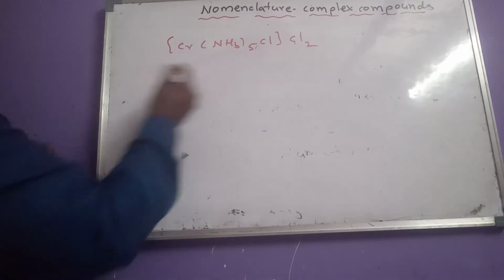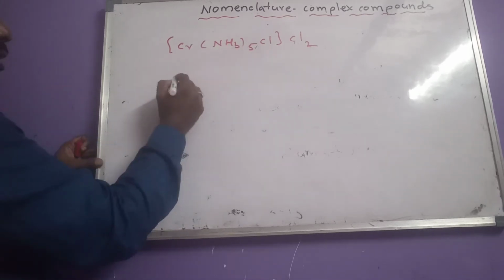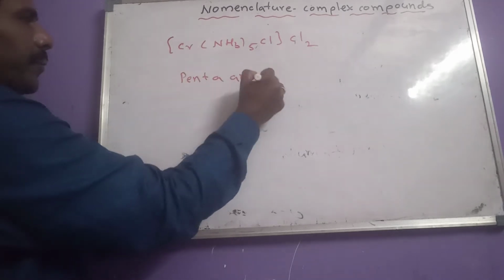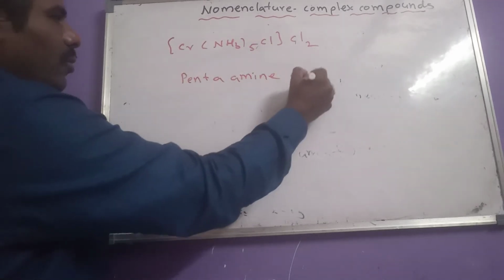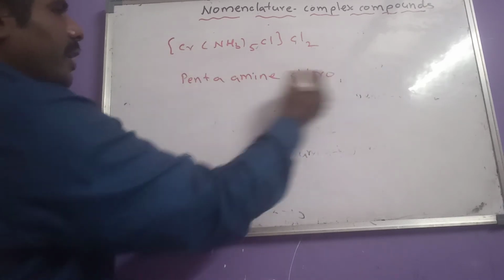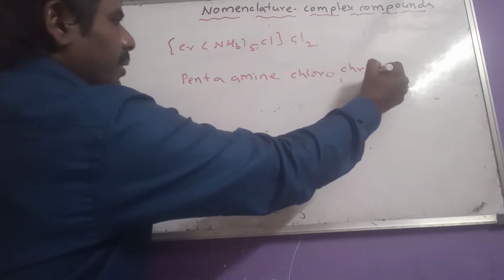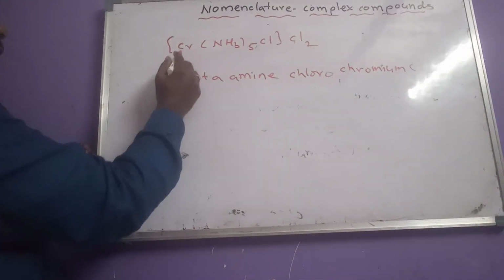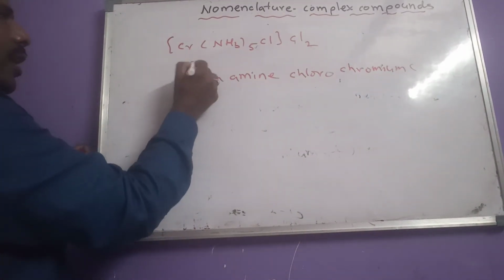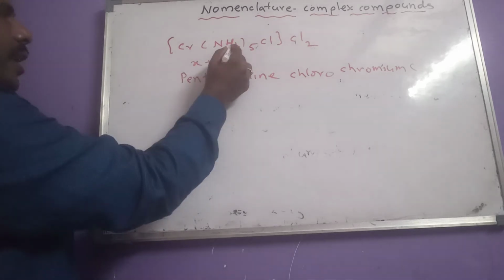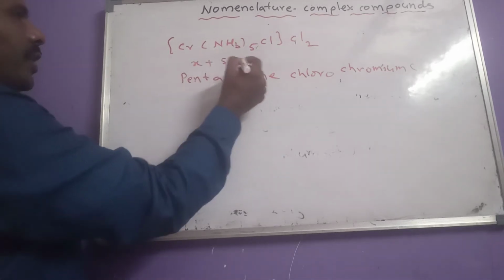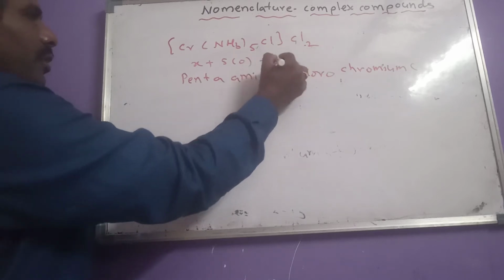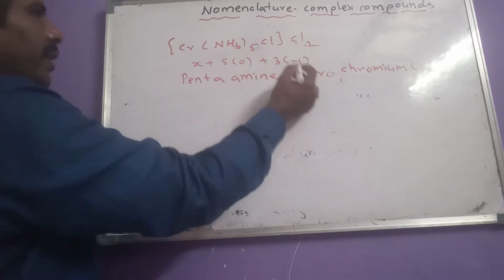So now what is its name? As 5 ammine ligands are there, pentaammine and chloro, and this is named as chromium. Now we have to write its oxidation number, so we calculate for chromium. X, for ammonia 0, 5 into 0, plus 1 for chloro, 1 times minus 1, and the 2 chloride ions, 2 times minus 1.